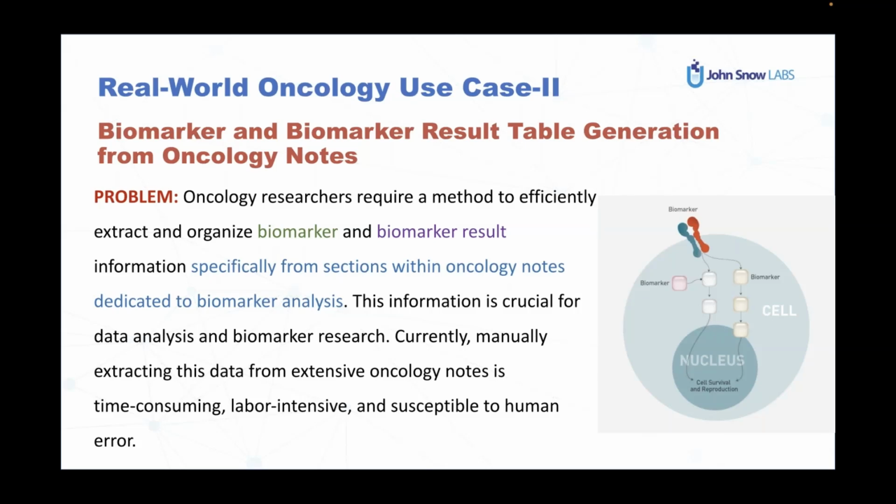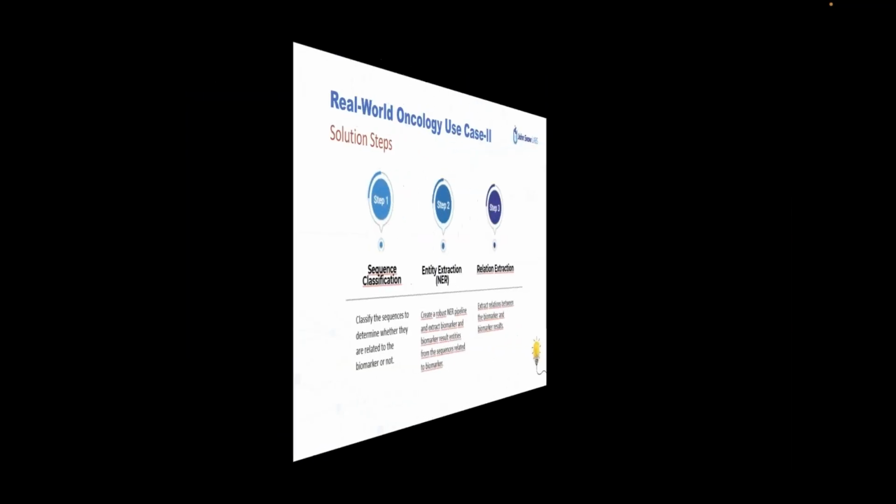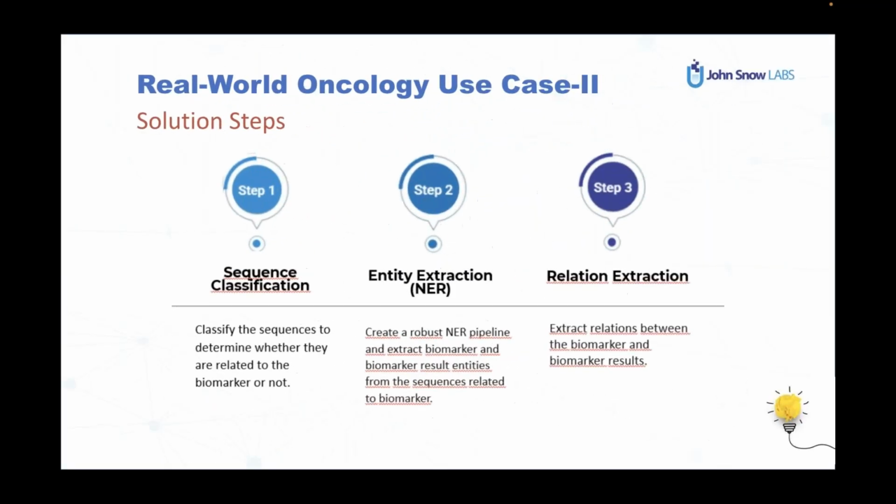As you can see, there are some keywords again, like biomarker and biomarker results, that we need to focus on specifically from the sections within oncology notes dedicated to biomarker analysis. Okay, here are the solution steps for the second use case. We will use the sequence classification model first to classify the sentences as related to the biomarker or not.